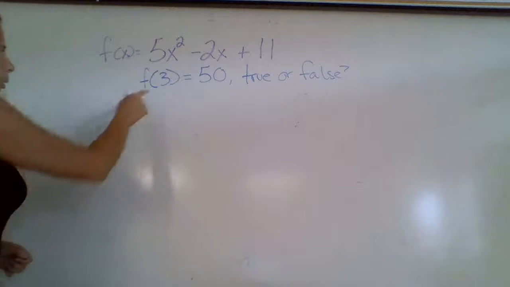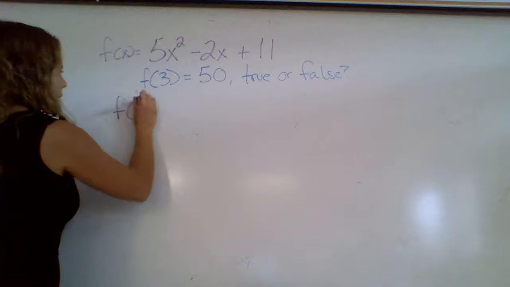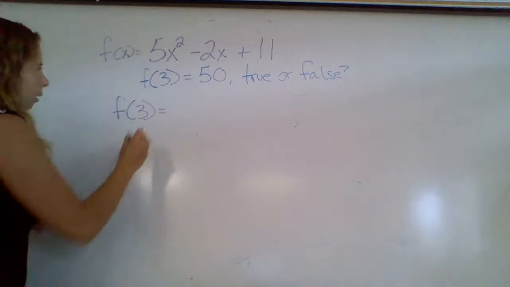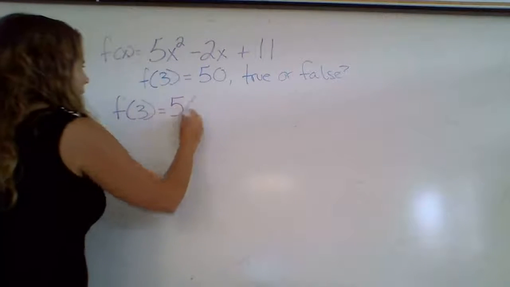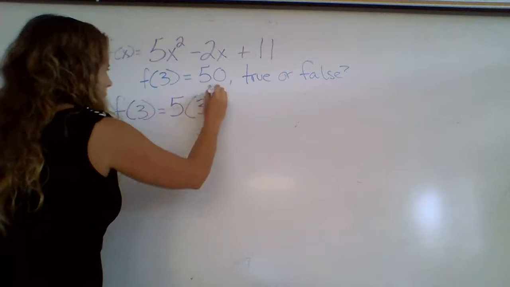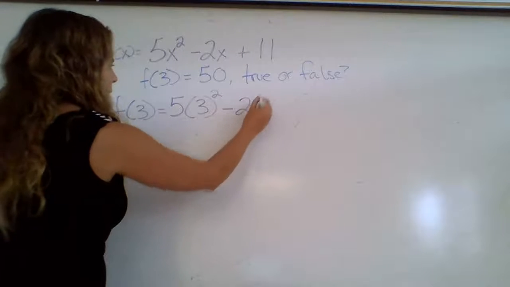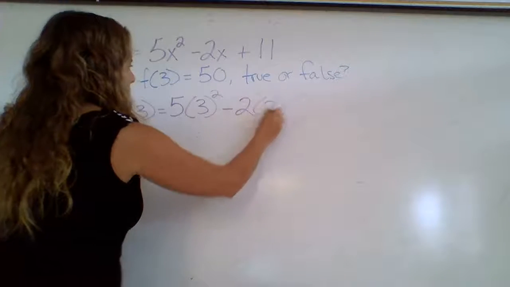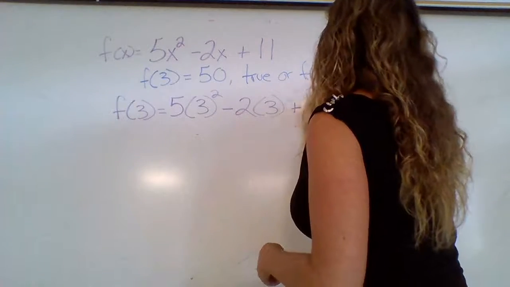So we're going to substitute 3 in for x and see what we get. f of 3 equals 5, and then x squared, so substitute in your 3. 3 squared minus 2, substitute in your 3. Everywhere you see an x, you're putting in that 3. Plus 11. And then you're rewriting everything else.